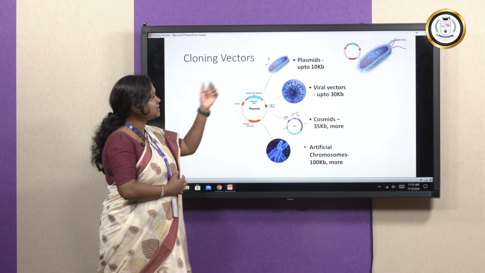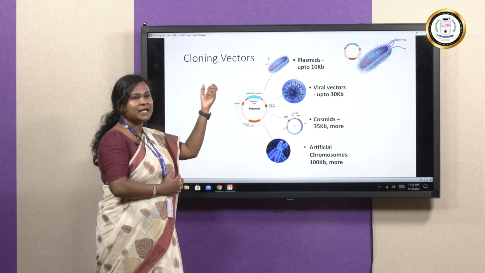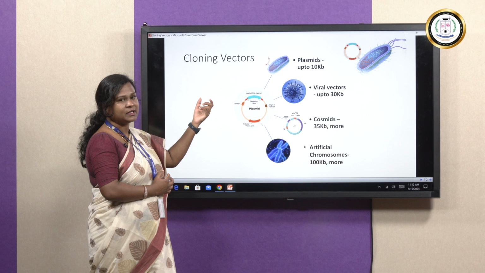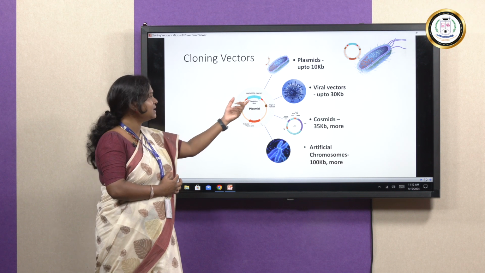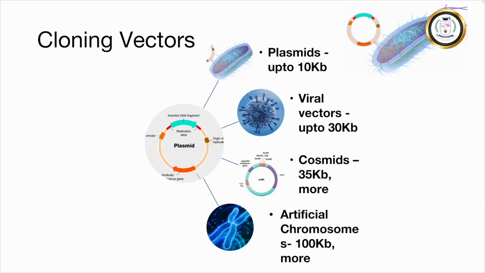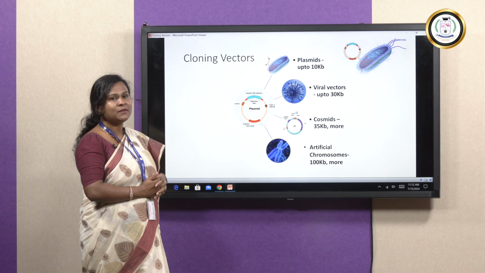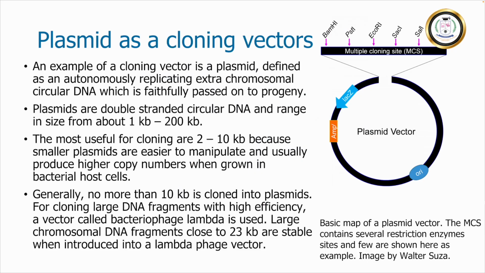First and foremost, plasmids, in which we can incorporate up to 10 kb of desired gene of interest, and viral vectors, up to 30 kb. Coming to the other one, cosmids, we can incorporate up to 35 kb, and artificial chromosomes up to 100 kb.